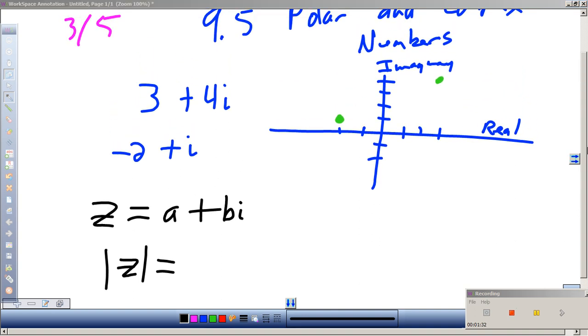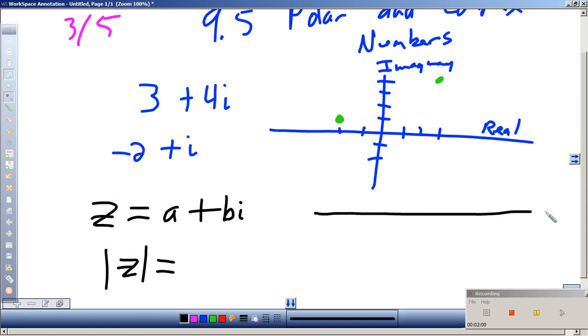Think about what absolute value means. How would you describe it? Okay, so it's always positive. What else? But how would you describe it graphically?